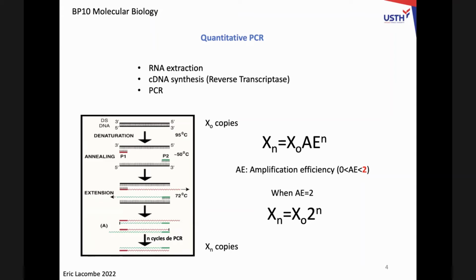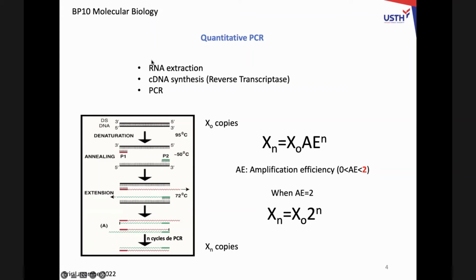We do the PCR, and Xn will correspond to the number of copies that we managed to amplify after a certain number of PCR cycles. So you understand the signification of X0 and Xn: the number of copies at the beginning and the number of copies at the end of the amplification.